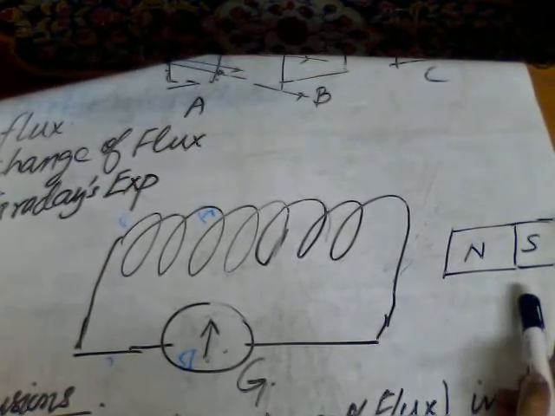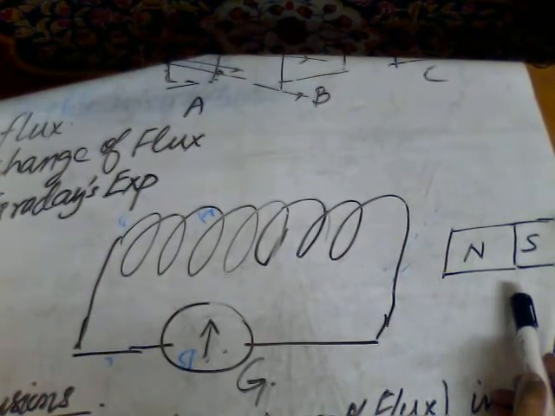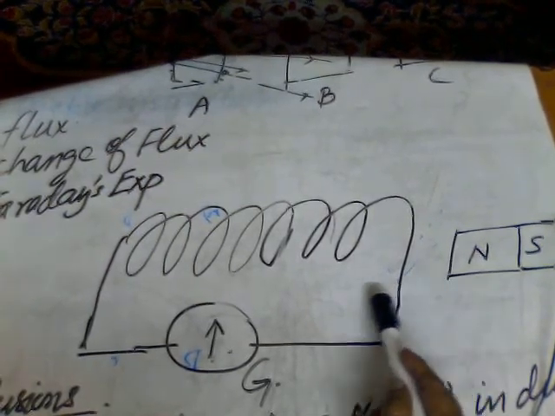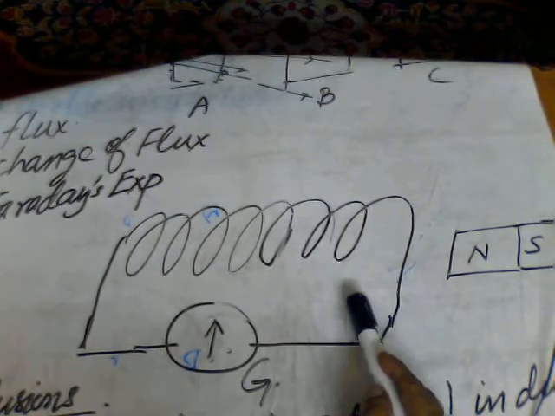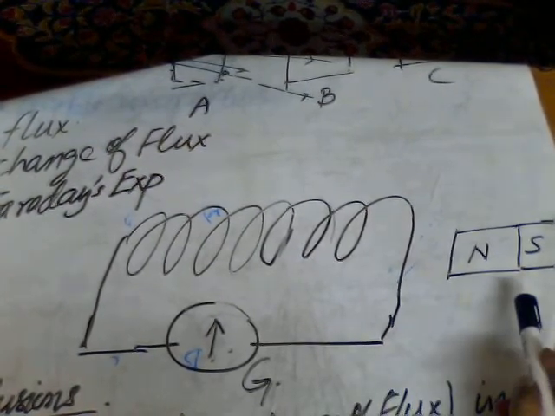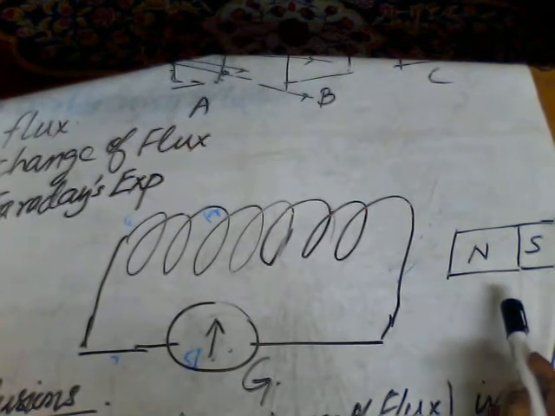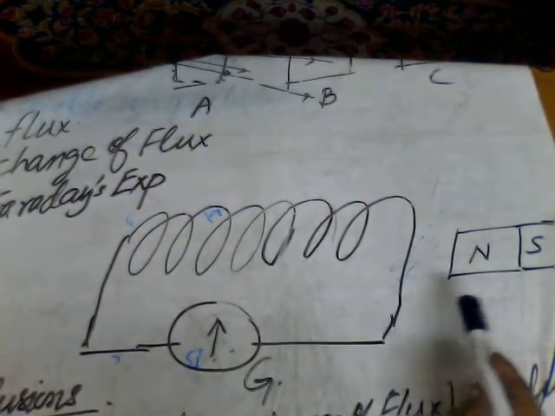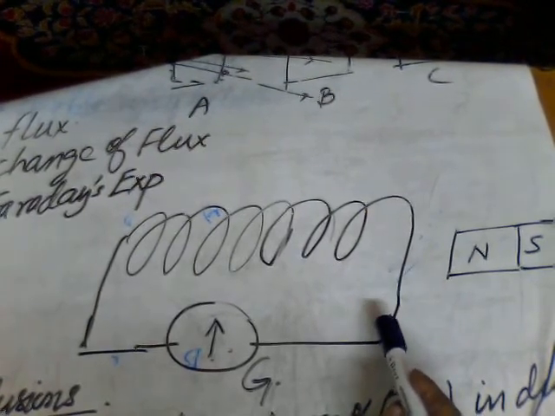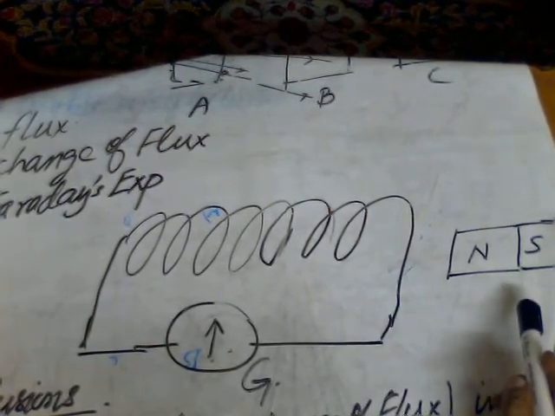When we take it in the opposite direction, flux is reduced, and at a certain point the flux through this coil becomes zero.